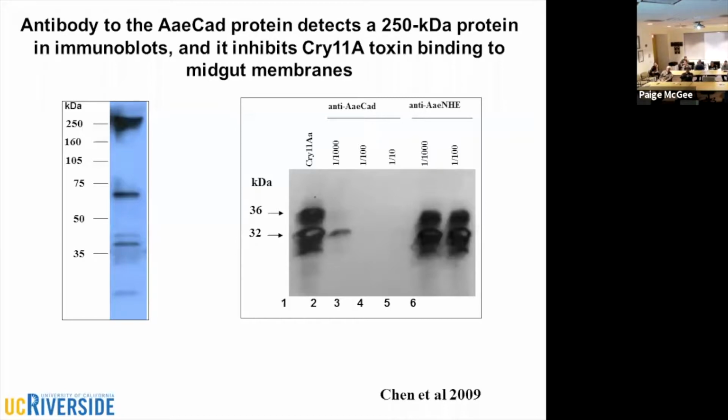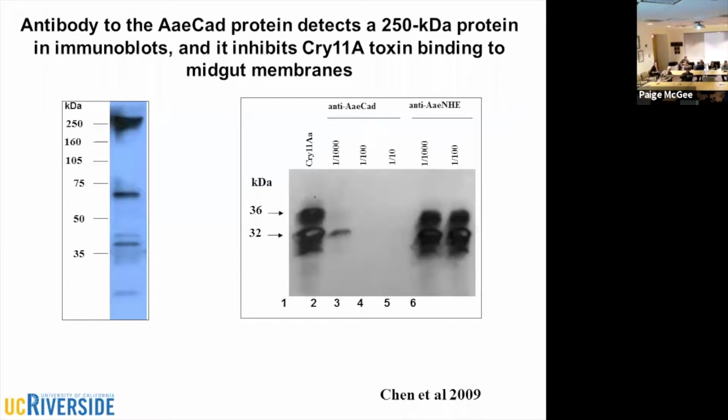If you add antibody, in this case at 1 to 1,000 dilution in lane 2, and lane 3 is 1 to 1,000 dilution. The lanes at the bottom are actually misplaced a bit. You can see that the antibody is able to compete against the binding of the toxin, suggesting that this particular protein is important in binding, and the antibody is competing with this.